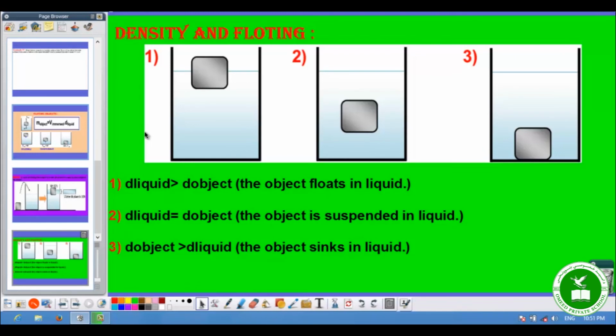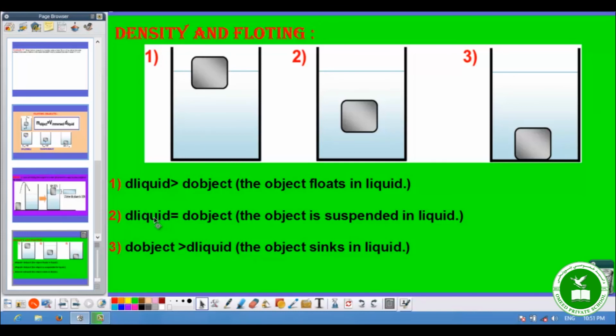Density and floating. Now these three cases will be studied with the help of density. We study these three cases in relation with density. If the density of liquid is more than the density of the object, then the object floats like this, with some part above the surface of the liquid.